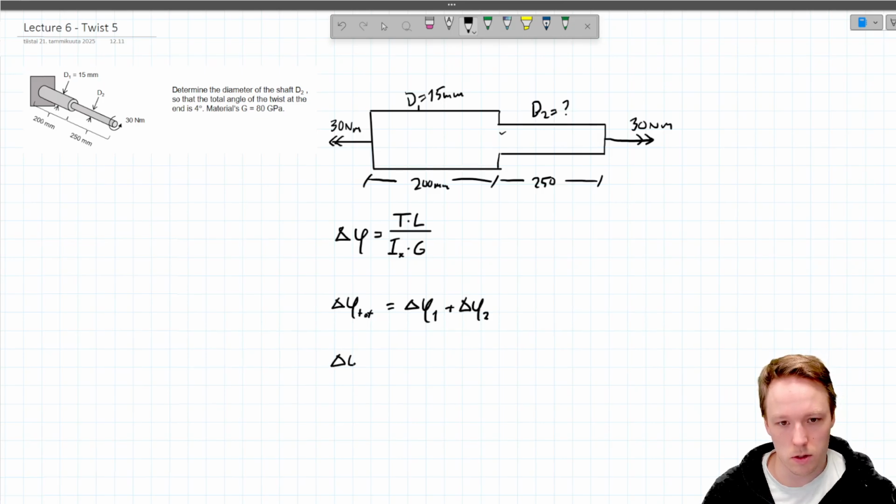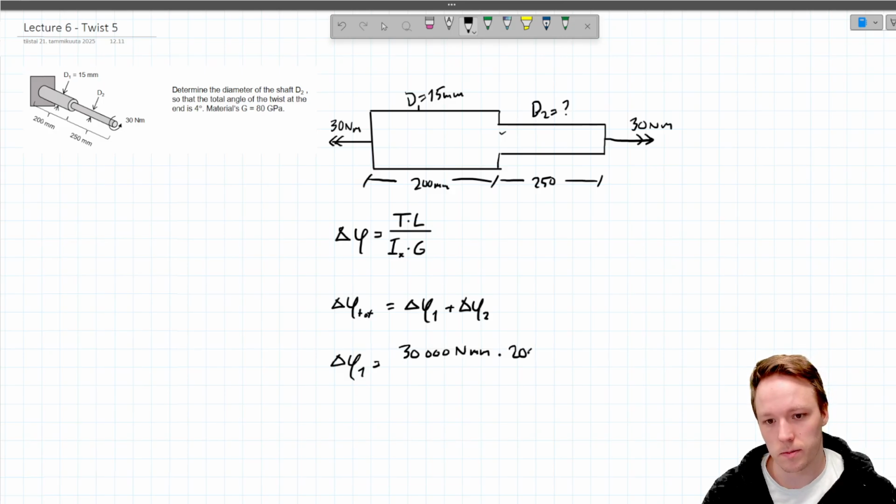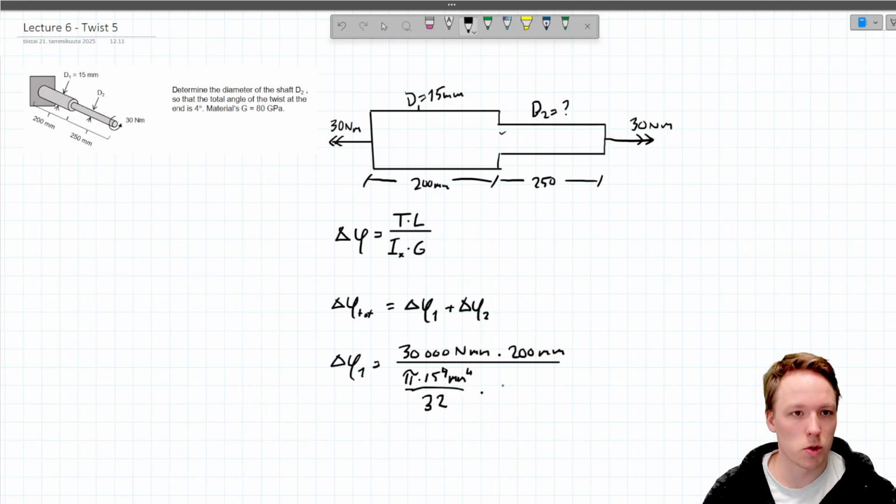So that one equals torque, 30,000 Newton millimeters, multiplied by the length, which is 200 millimeters for section 1, divided by Ix, which is pi times diameter to the power of 4, millimeters to the power of 4, divided by 32, multiplied by the shear modulus, which is 80 gigapascals, which is 80 times 10 to the power 3 megapascals.